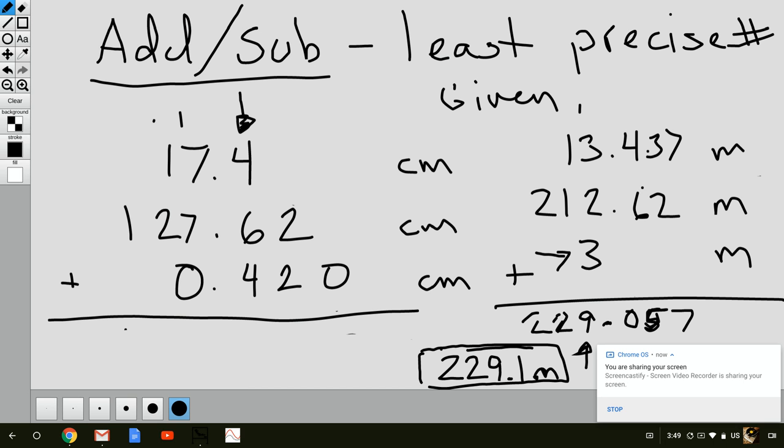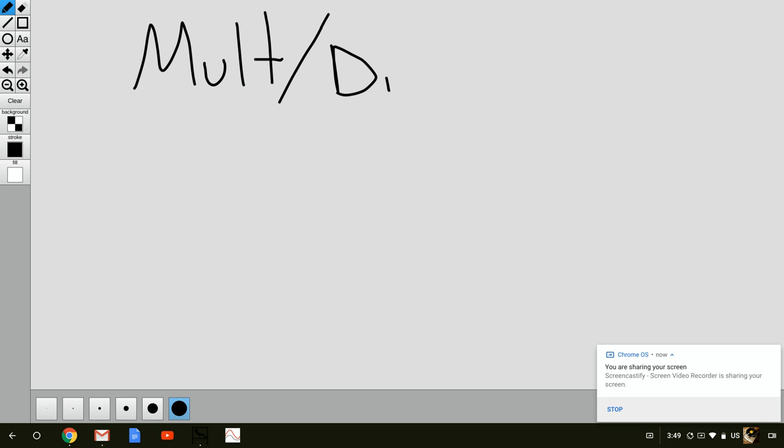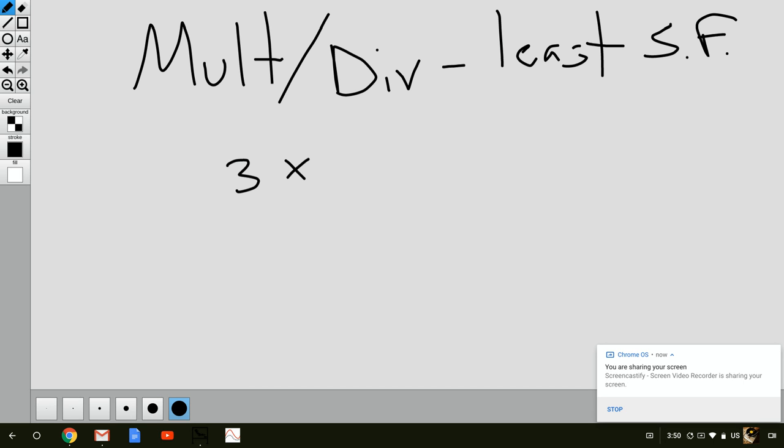Let's go ahead and throw in multiplication-division while we're at it. Multiplication-division is an easy rule. This one is just least sig figs. So let's say I want to multiply 3 times 2.6 times 10.